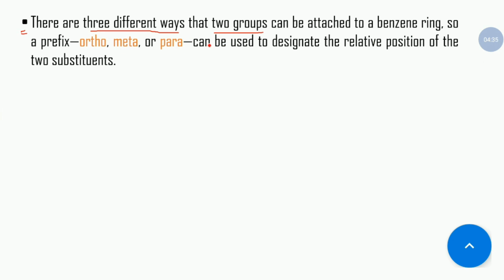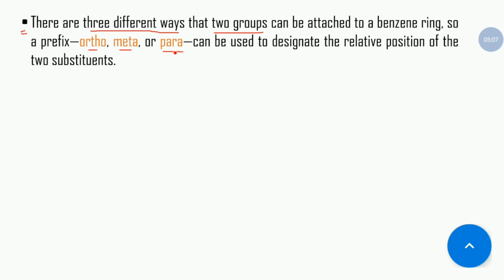You write as a prefix ortho, meta and para to designate the relative position of these substituents. In the previous examples we saw monosubstituents, or one substituent, but this rule is for disubstituents. So you write as a prefix for disubstituent naming ortho, meta, para.